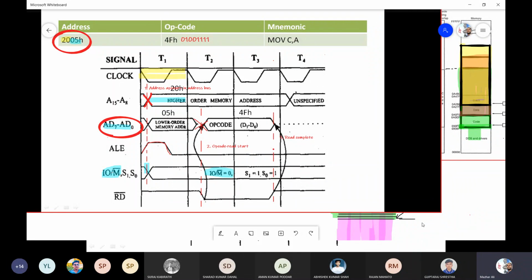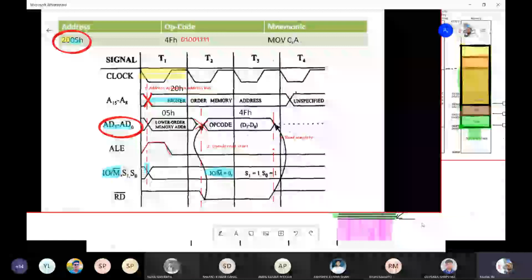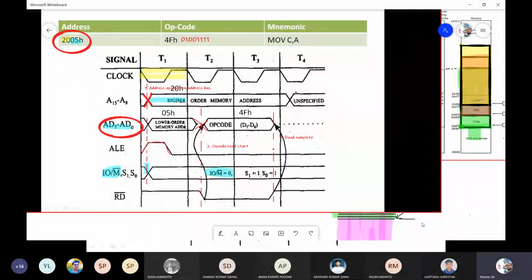So what is basically happening is that AD0 till AD7 is a latched bus. That's why there is address latch enable. There is a latch over there. So whenever ALE goes back low, the previous address gets latched until a new address appears from a new ALE.